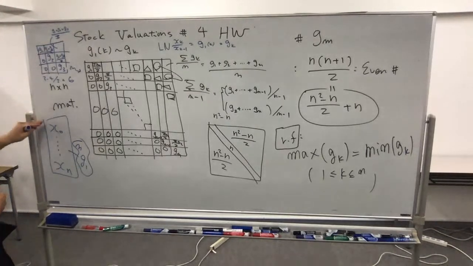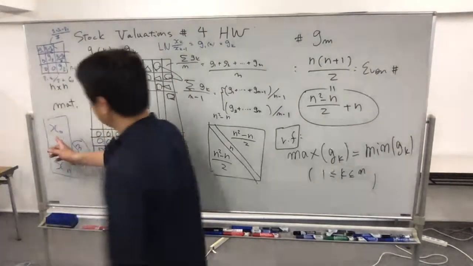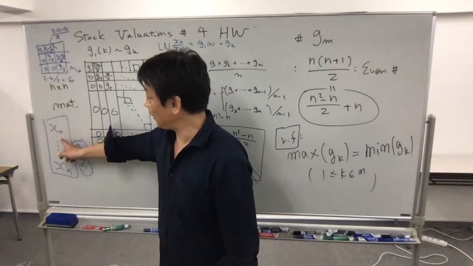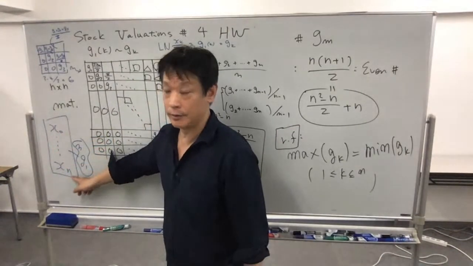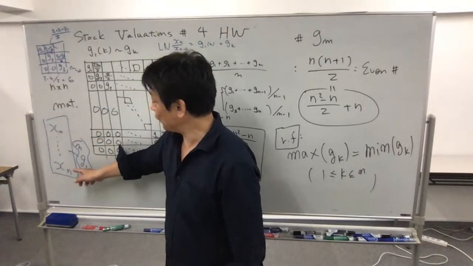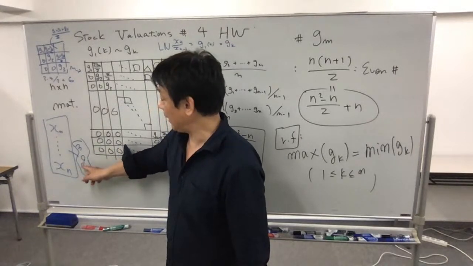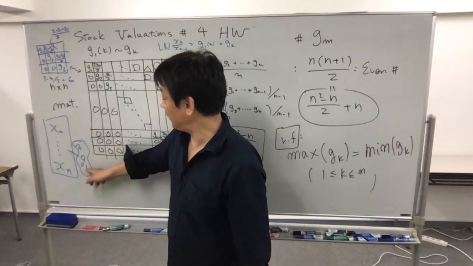If you have n plus 1 time series of data, say from x0, x1, up to xn, you get n kinds of G1s.